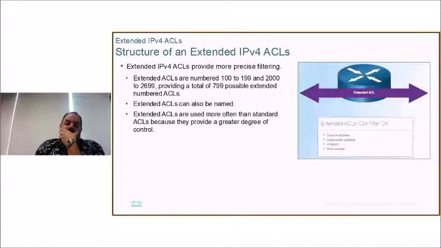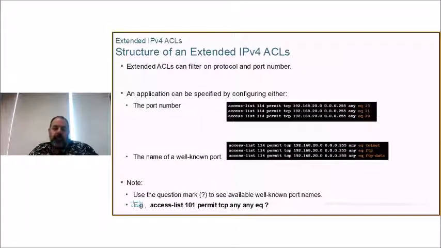So extended ACLs, as I said, they're a more granular thing. They take a little longer to process, but they are a lot more precise. So how do we define them?